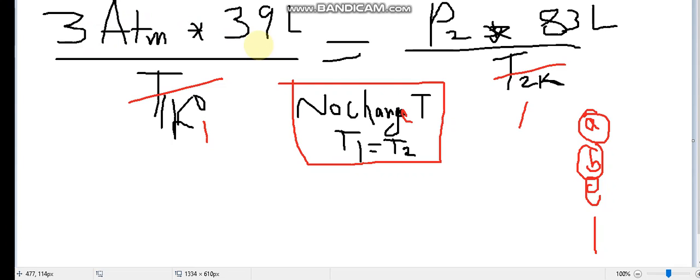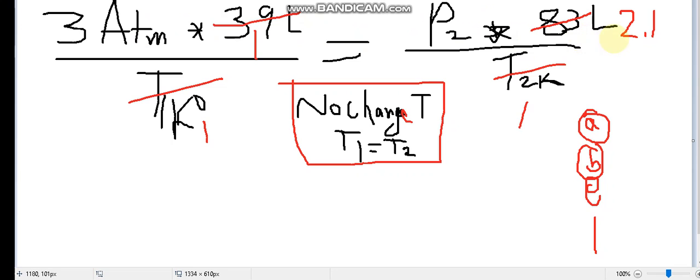Accordingly, if you look at the numbers, you can see that this 39, if you multiply it by 2, gives you 78, very near to 83. So if this is divided by 39, it will give me 1. If 83 is divided by 39, it will give me 2, but it is not actually 2, it is 2 point something. So I will say that it is 2.1. Now, this is easier than long multiplication and long division.